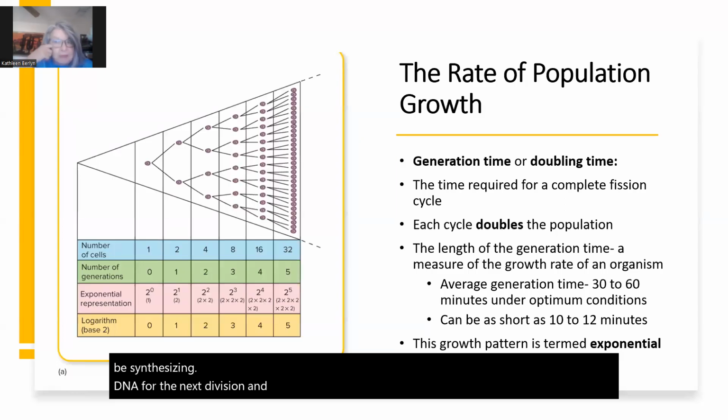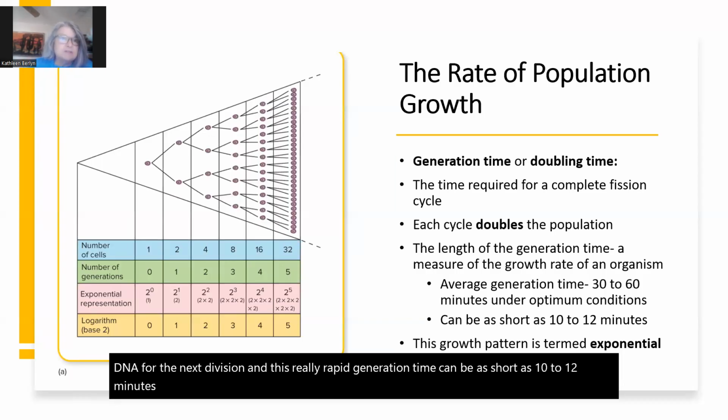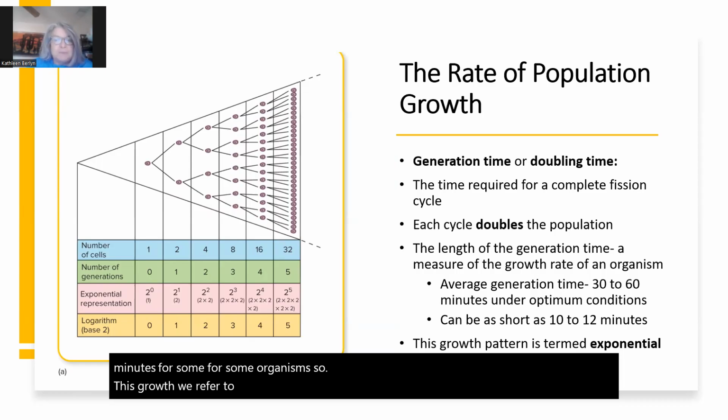And this really rapid generation time can be as short as 10 to 12 minutes for some organisms. So this growth we refer to as exponential, because each time the bacteria divides, it's doubling the numbers.